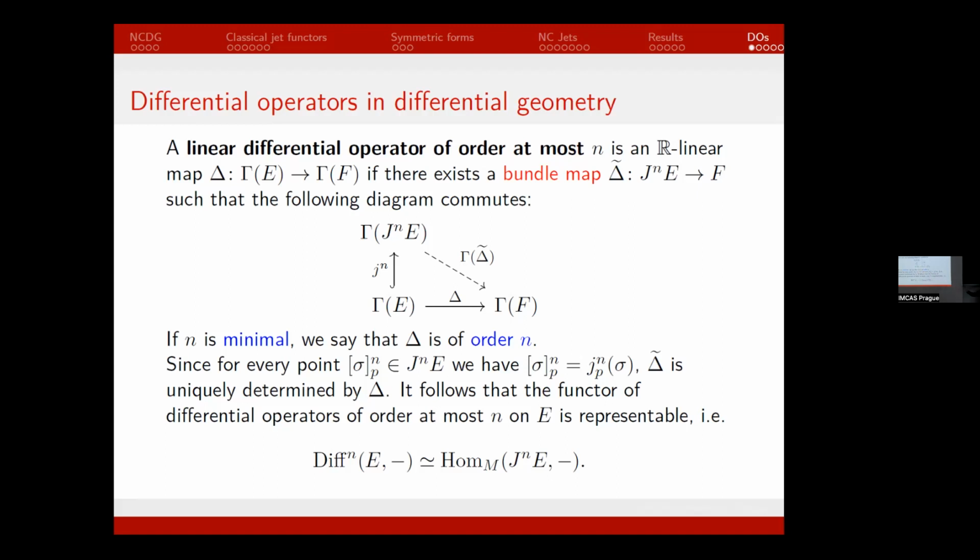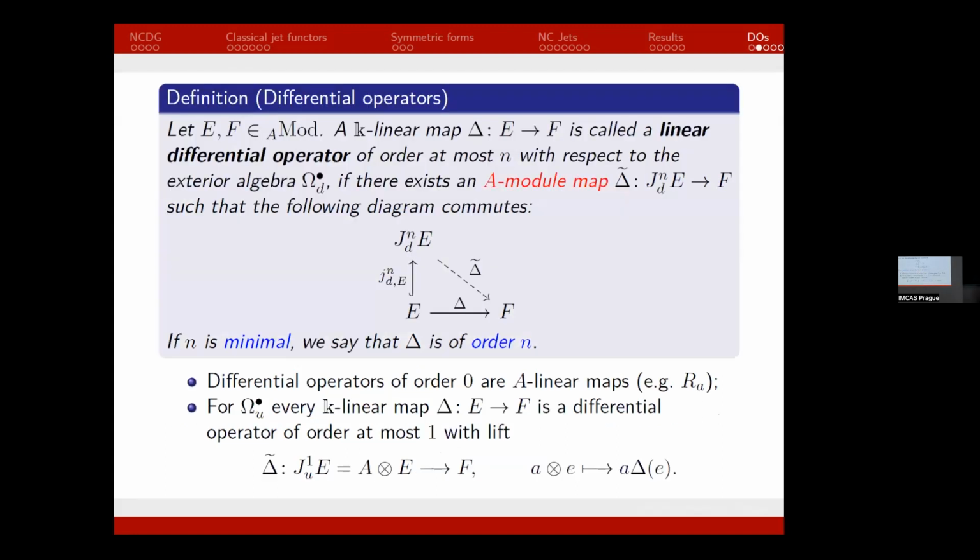Okay, so this is the situation at the differential geometry level. And now let's see how we generalize it. Let's take two left A-modules, E and F, and we say that a k-linear map delta from E to F is a linear differential operator of order at most n if there exists a module map, so a linear map, from the n jet of E to F, such that it commutes in this diagram.